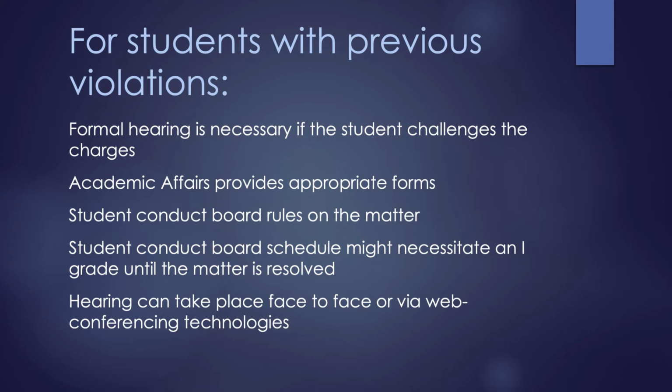For that reason, it might take some time to schedule and conduct the hearing. Again, if the resolution process takes place at the end of the term, it might be necessary to issue an incomplete grade until the matter is resolved. If the academic violation occurs at the end of finals week, it might be necessary to conduct the hearing at the beginning of the next term.